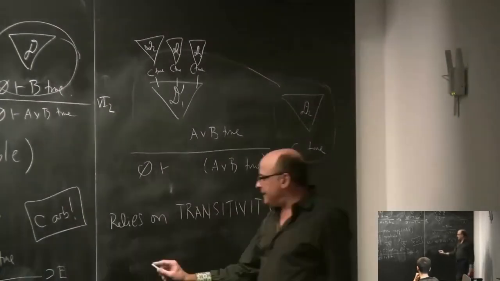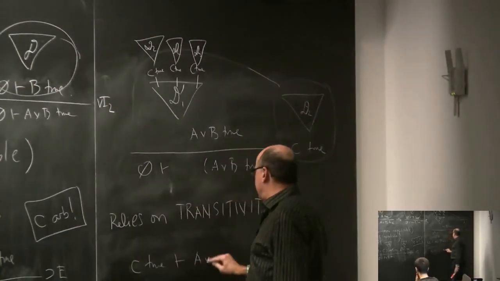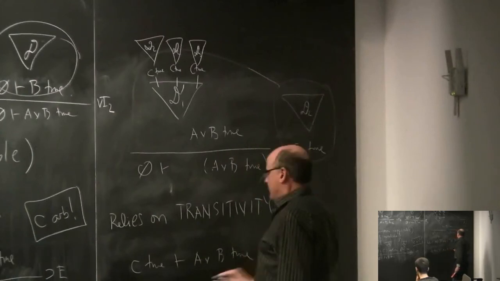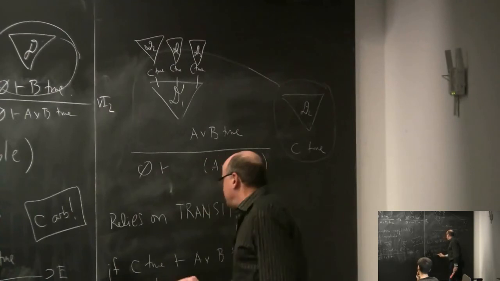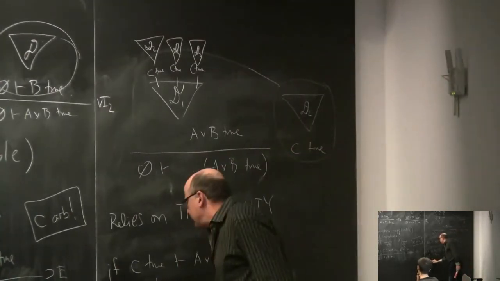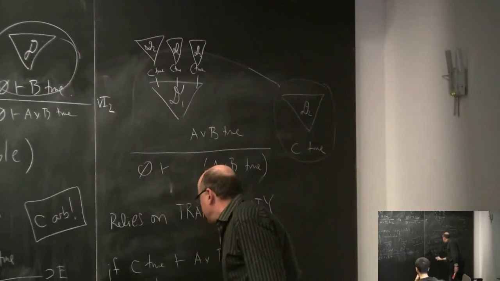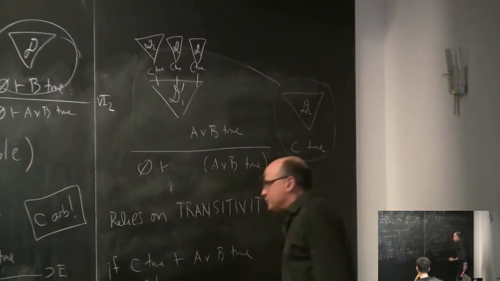It relies on the idea that if I can show that C true entails A or B true, and C is true, then by clicking these things together, this is one of the structural properties, A or B is true. That's what I used here.